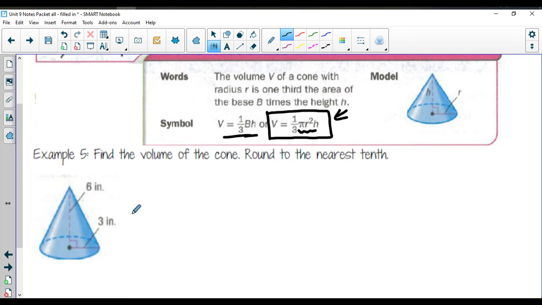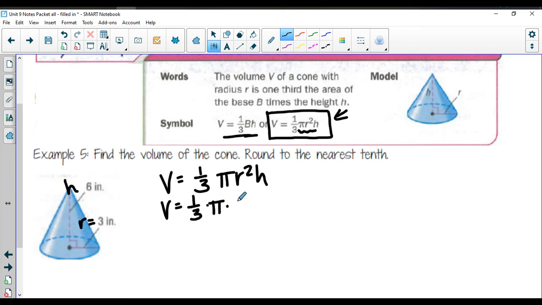So what we want to check in our cone is just to make sure that we have the radius and then to also identify our height. I noticed in this first example 5 here that my height is right here at 6 inches, and my radius is right here at 3 inches. So I'm writing out my formula, 1/3 pi r squared h, plugging in 1/3 times pi times 3 squared times 6.